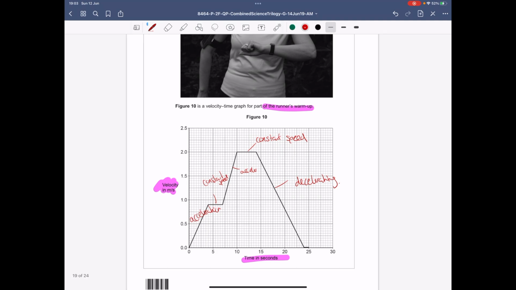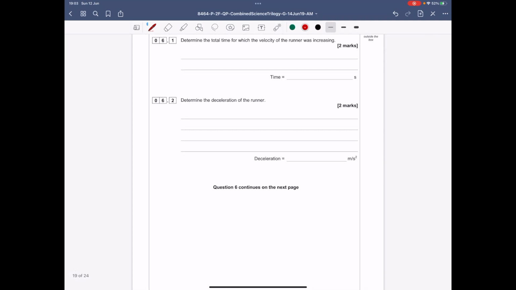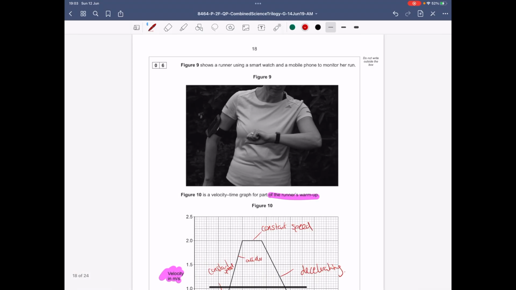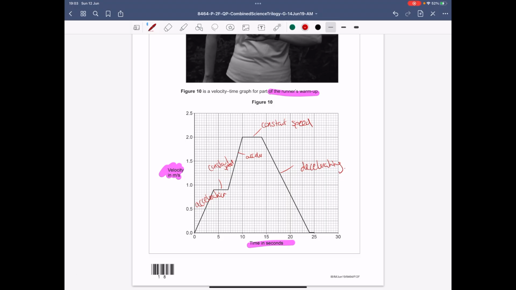Question 6.1. Determine the total time for which the velocity of the runner was increasing. So we're just looking at how much time she was accelerating for. I can see starting off, my first section goes up to 4 seconds. So my first section is equal to 4.